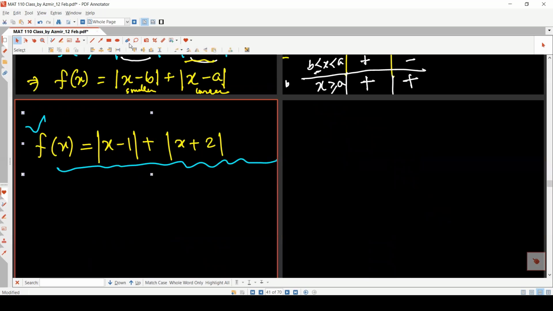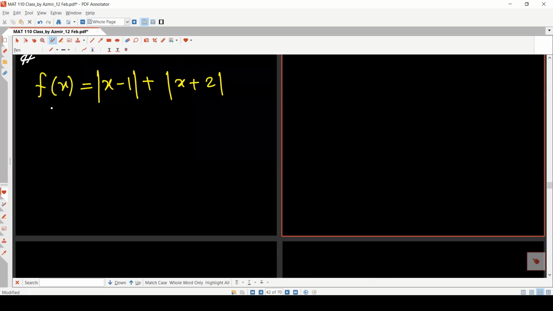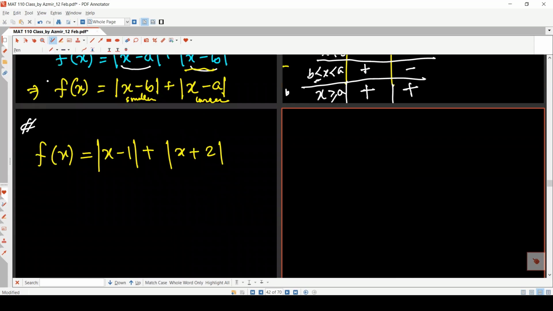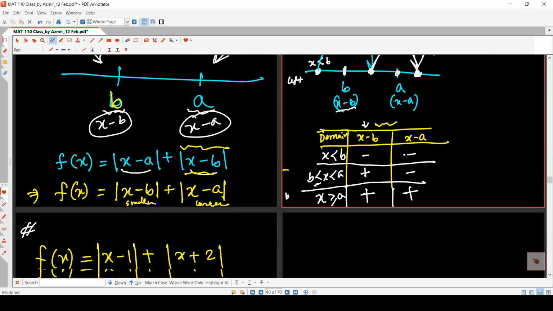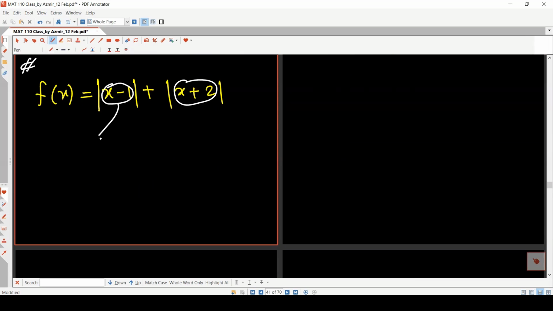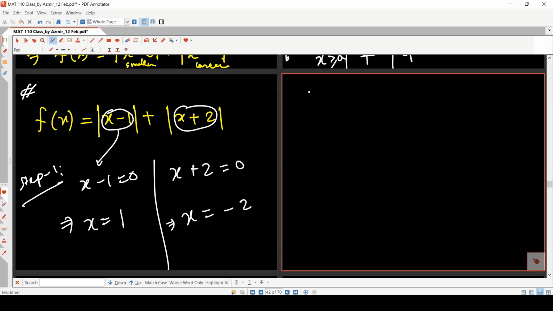So we are having trouble to convert this function to a piecewise function. So have a look at step 1 from the general concept. We will take out the inside quantities and we have to find the x values. So step 1, that means x minus 1 equals 0, x plus 2 equals 0. We have to find the values of x. So we have found two values. Which value is smaller? Obviously minus 2.